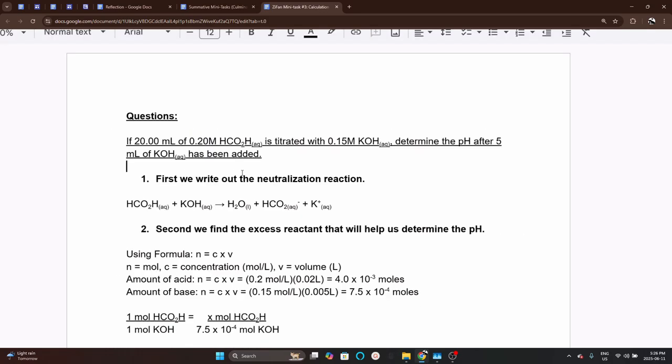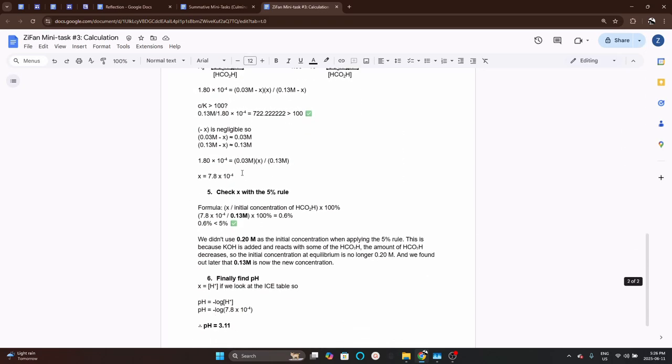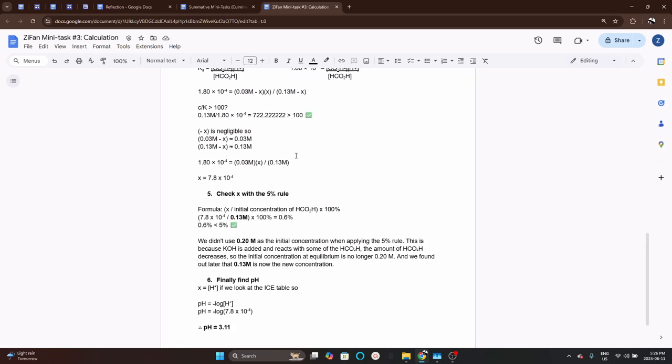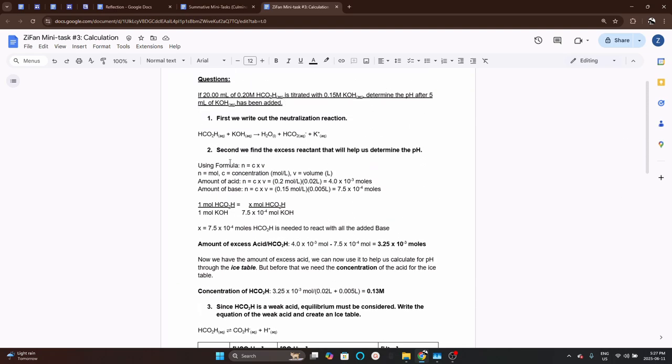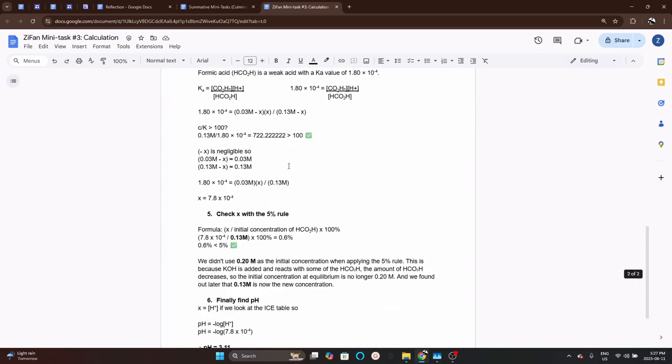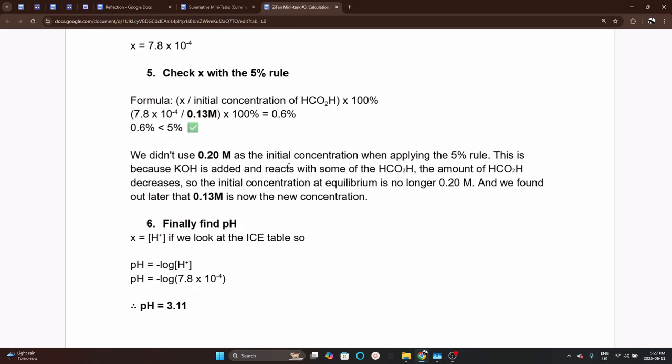Well, that's true, but after mixing with some base, some acid and base were mixed together, and so the equilibrium will no longer start at 0.2 moles per liter, and so we found that 0.13 was now the new concentration.